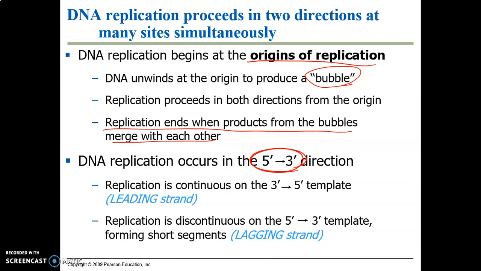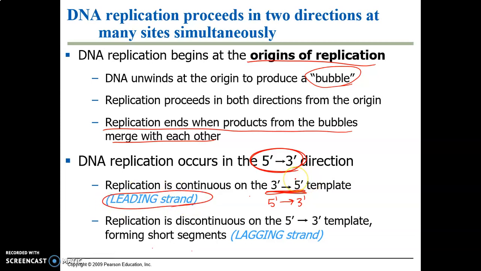And then replication is continuous on the 3' to 5' template. So if helicase is moving from the 3' to 5' on the old strand, then you know that what's being built is the anti-parallel 5' to 3'. And since we add in the 5' to 3' direction, like we said up here, then we know that this is our leading strand.